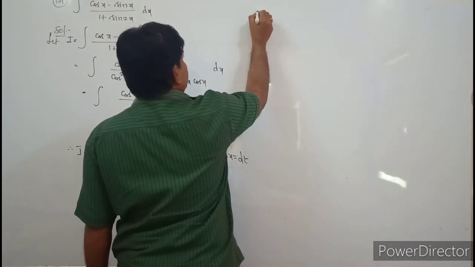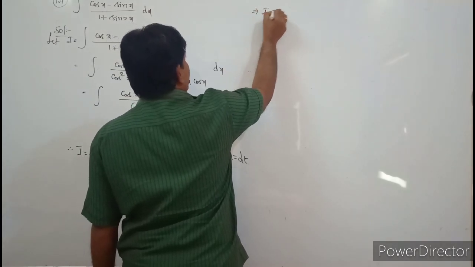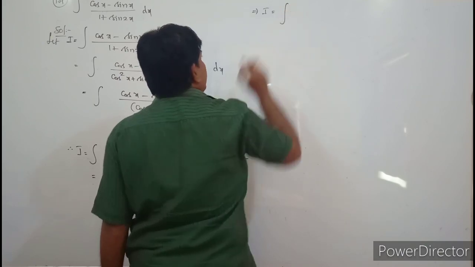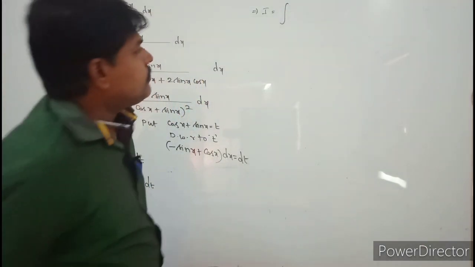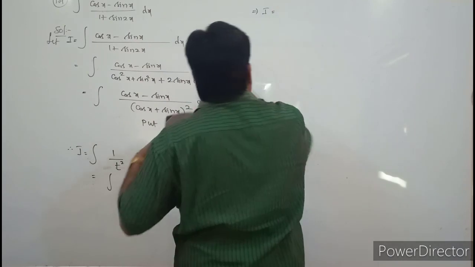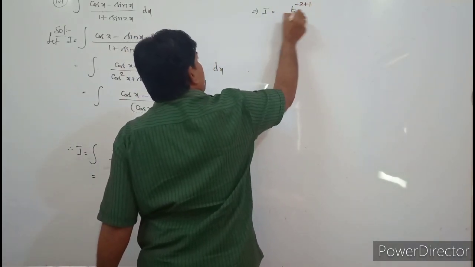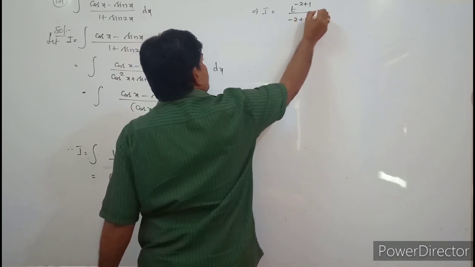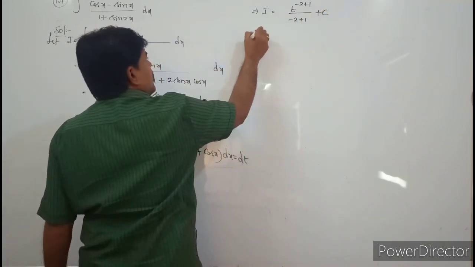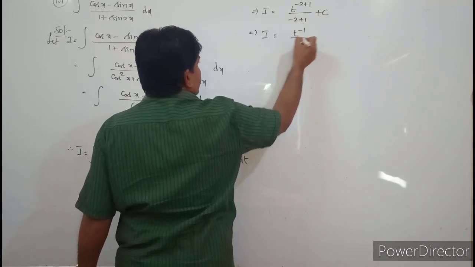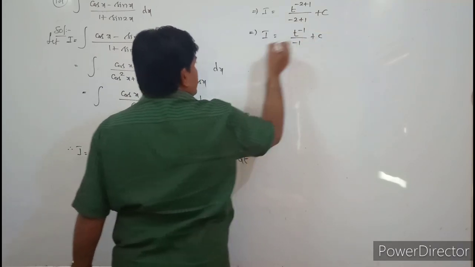So I is equal to integral of t power minus 2. What is the exponent formula? T power minus 2 plus 1 by minus 2 plus 1 plus c. So I is equal to t power minus 1 by minus 1 plus c.